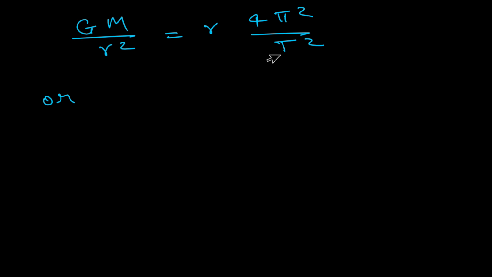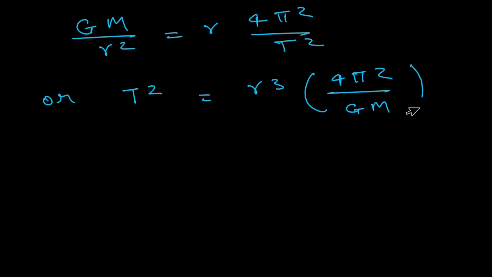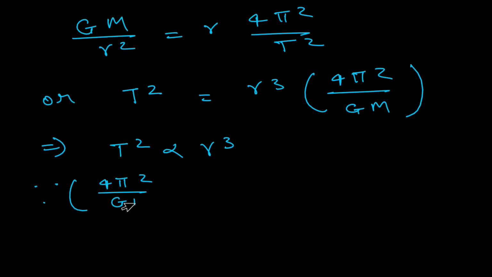If we take T this side and r this side, we will have T square is equal to r cube into 4 pi square upon GM. Implies that T square is directly proportional to r cube, since 4 pi square upon GM is constant. And this is Kepler's third law.